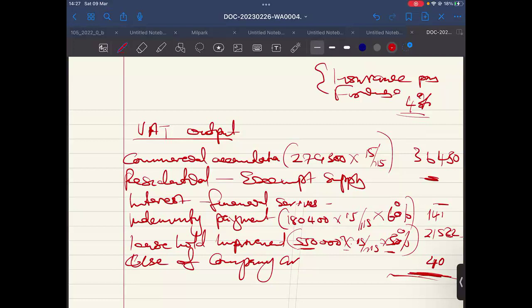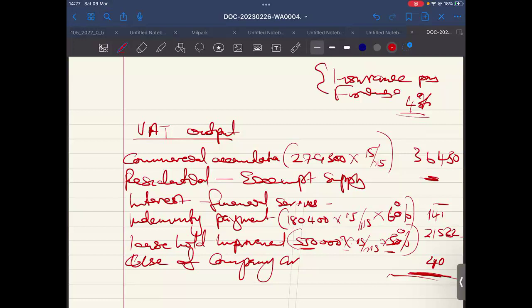Let me calculate again. 180,400 times 15 over 115 times 60%. Yes, it's 14,118. It can't be 14,000, even 10% of this, times 60%.